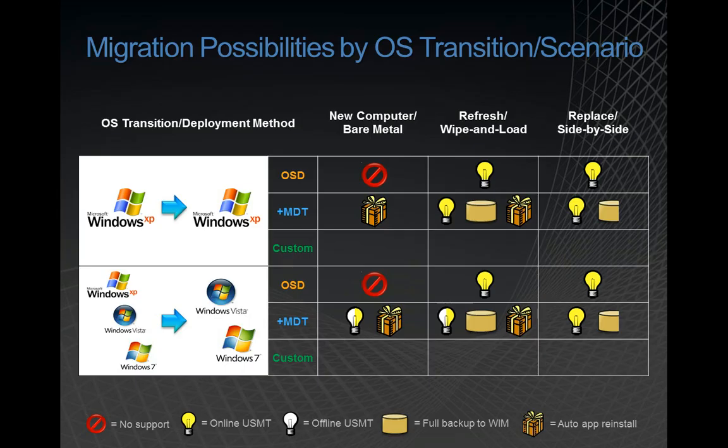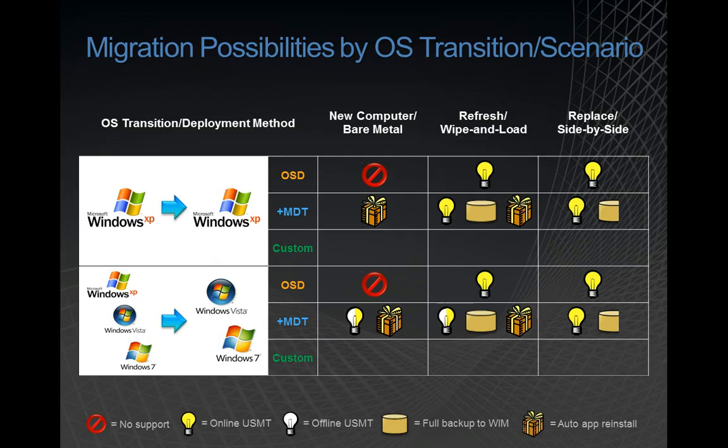But as we progress through this presentation, I believe it'll become apparent that as Windows XP is fully phased out as an OS that is actively deployed, and its requirement for restoring the user state only with version 3.0 of USMT, there becomes less of a distinction between the new computer and the refresh scenarios because there is no longer the requirement for using only version 3.0 of USMT and its inability to capture the user state offline.